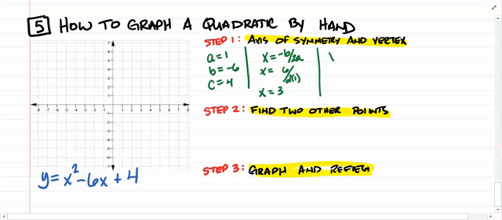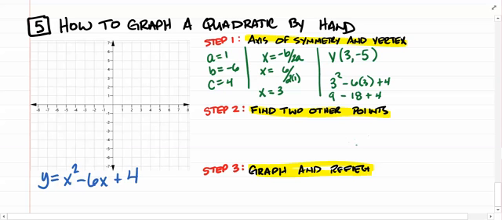My vertex is going to be located at the point 3 comma something. I find that point by plugging the 3 back into the equation. So if I take 3 squared minus 6 times 3 and then add 4, I get 9 minus 18 plus 4. That's -9 plus 4. That's equal to -5. So my vertex would be at 3, -5.